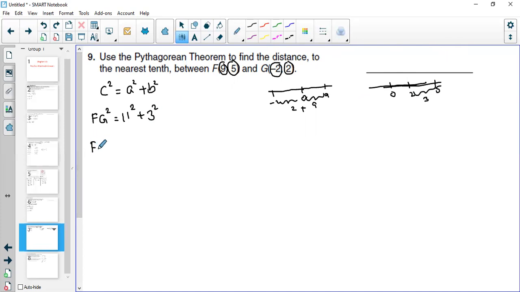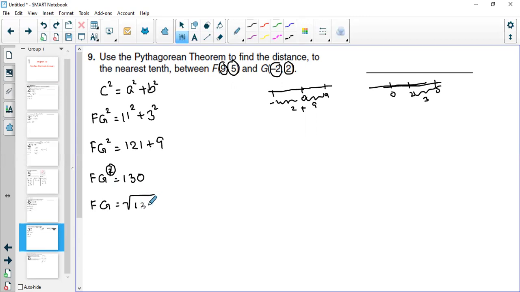So FG square is going to be equal to, what is the square of 11? 11 multiplied by 11 is going to give you 121, and 3 square is going to give you 9. So FG square is going to be equal to 130. To remove the square from here, we need to put the number inside the square root.